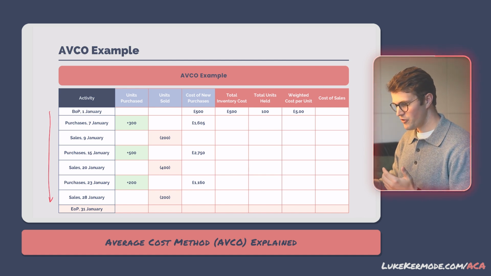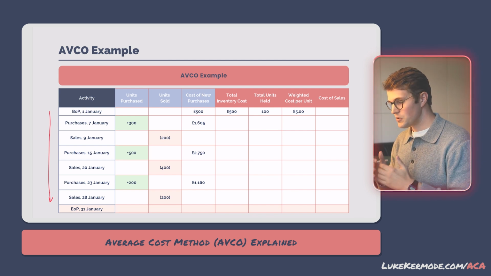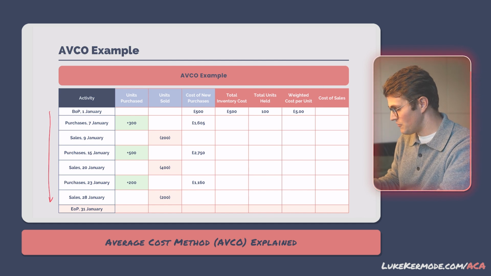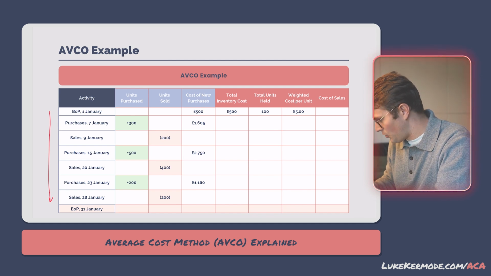On the 7th of January, 300 units were purchased at a cost of £1,605. So the total cost of our inventory as at the 7th of January is going to be equal to £500 plus £1,605, which equals £2,105.